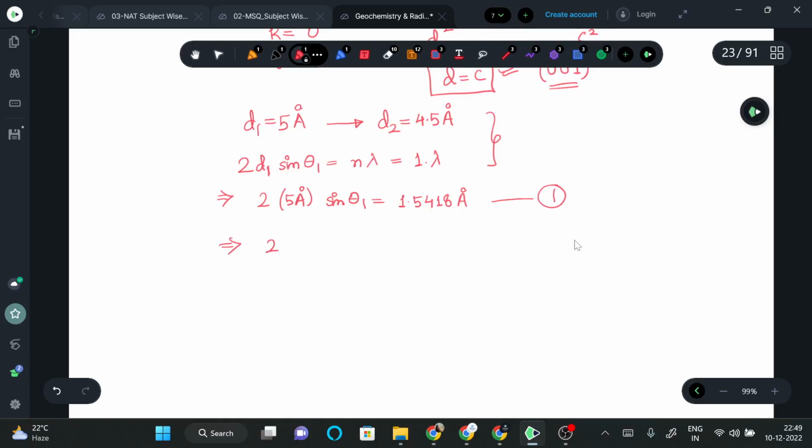Similarly, the second equation will be 2, d2 is 4.5 angstrom, sine theta 2, equal to the same 1.5418 angstrom. This is the second equation.